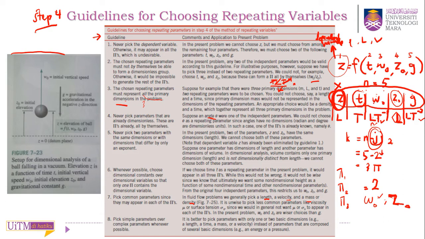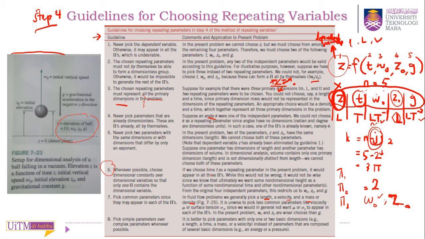So these are the two primary repeating variables that we will choose according to this dimension guideline in order to help us solve this problem. Why don't we choose T? Because it is already mentioned here, in guideline number 6.